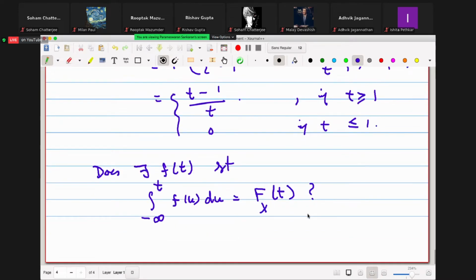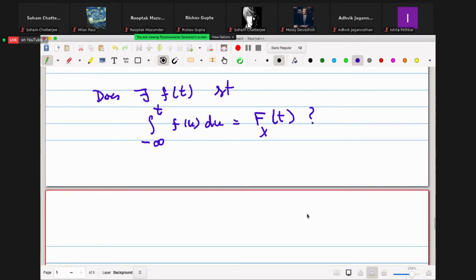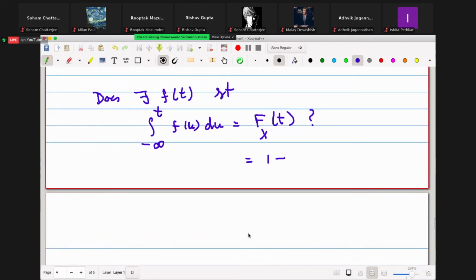Let us write that question here. 1 minus, so t minus 1 by t, that is 1 minus 1 by t. This is the case if t is bigger than or equal to 1, and 0 if t is less than 1.